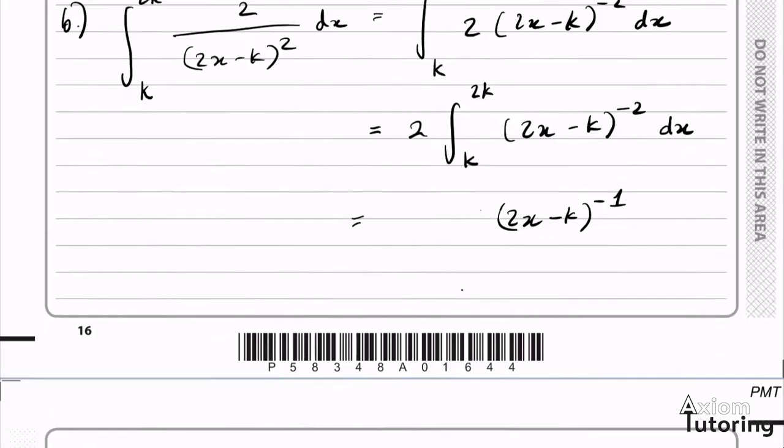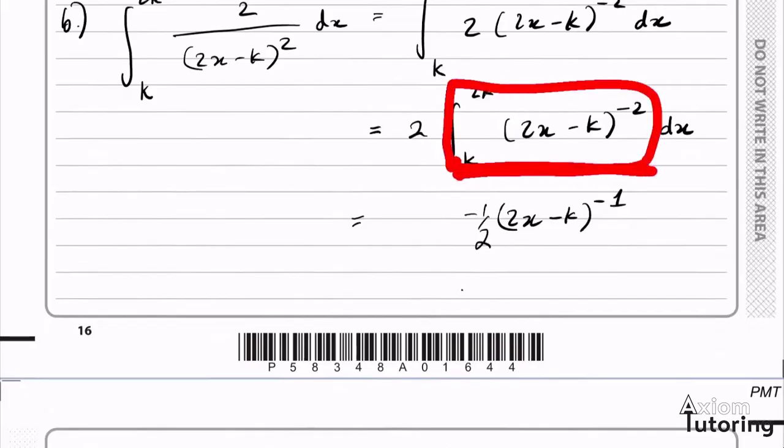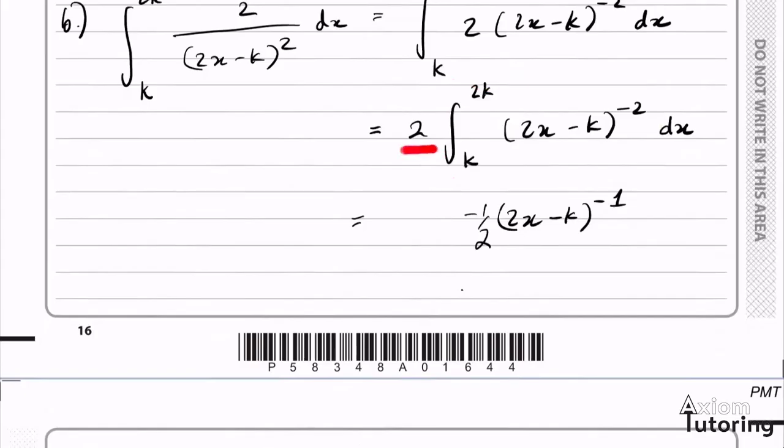I'll just rewrite it here. This is minus a half (2x minus k) to the minus 1. So that's just this integrated, right? And then if we multiply through by the factor of 2 again, we're doing 2 times all of this. So then we do just get minus 1 in total. So then that's just minus (2x minus k) to the minus 1.